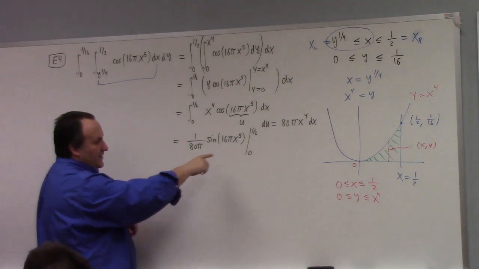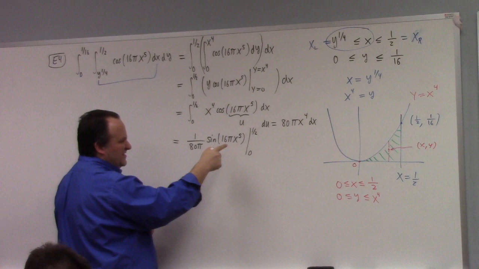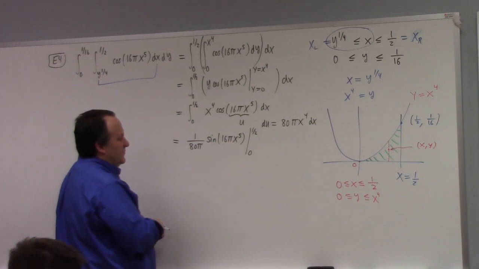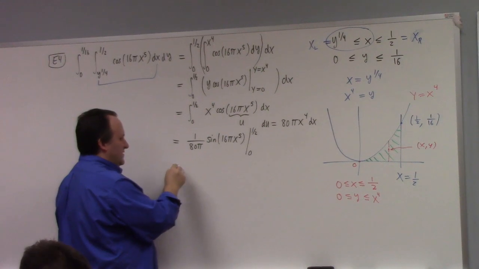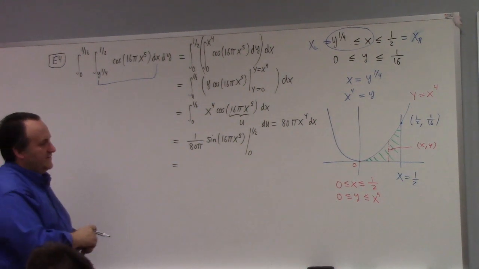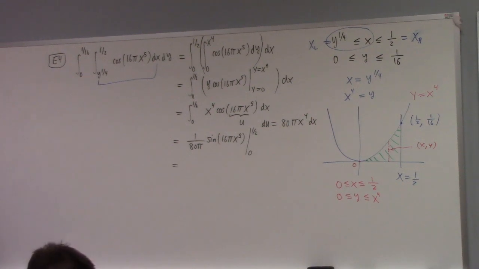Now, if I plug in 1/2, what do I get? Well, oh, to the fifth power. Oh, thank you, such a relief. I was thinking to the fourth power. I thought I got sine of pi.